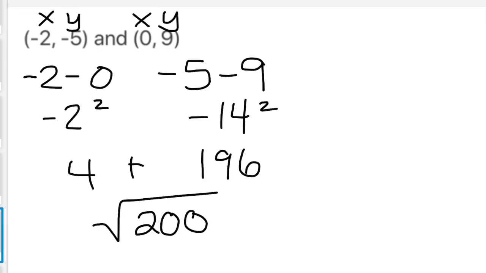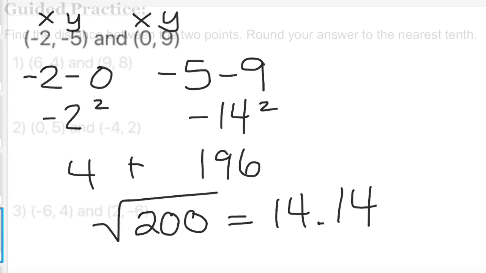So we have the square root of 200, which is approximately 14.14. Okay, guys, let's get this last example copied into our notes and then get your socks and markers out so we can do some guided practice on our desks. Pause the video and copy this into your notes.